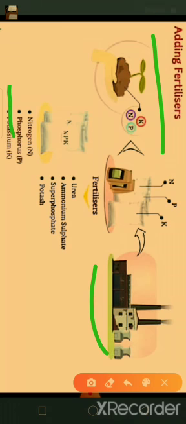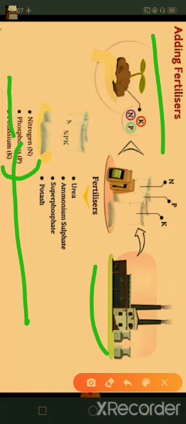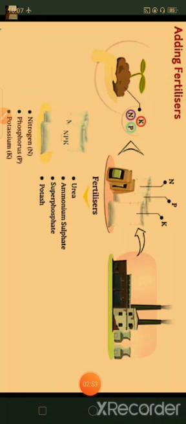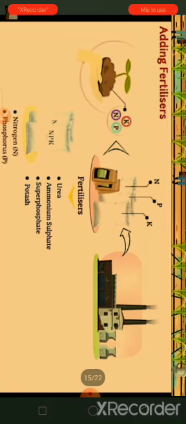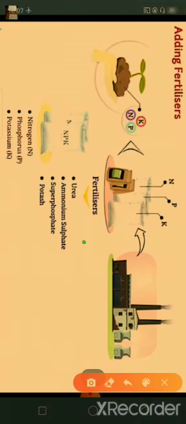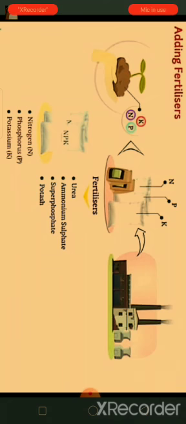For example, NPK, that is nitrogen, phosphorus and potassium. These fertilizers are used to enrich the soil with nutrients. Other examples of fertilizers are urea, ammonium sulfate, superphosphate and potash.